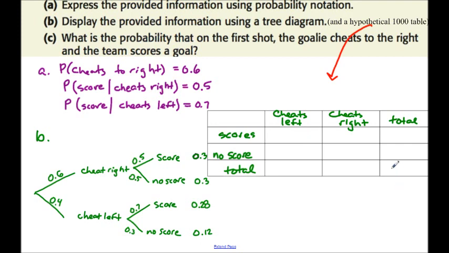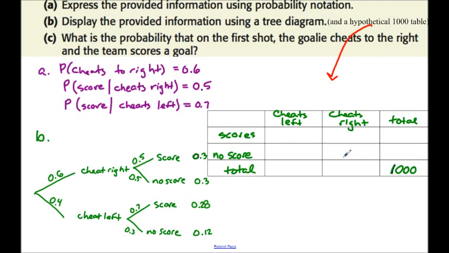So we're going to assume we have 1000. You could do it with any power of 10 here. It could be 100, could be 1000, could be 10,000. Typically, we use 1000, just a nice round number. We're trying to avoid decimals in here, okay? So assuming that there were 1000 shots, I'm going to assume 1000 shots here total.